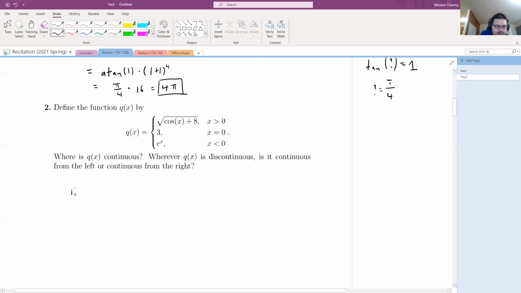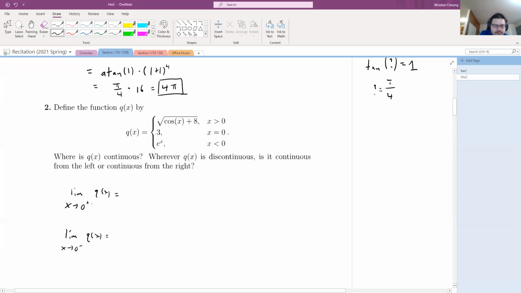So we want to think about the limit of q, both from the left side and from the right side, and then compare it against what value q takes at 0, which in this case is 3.